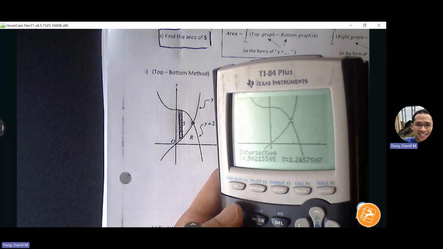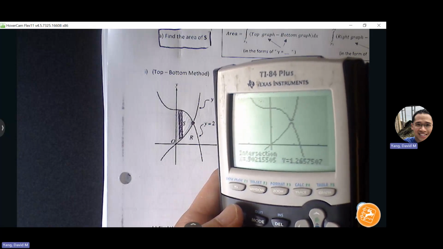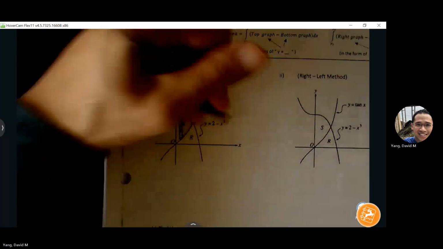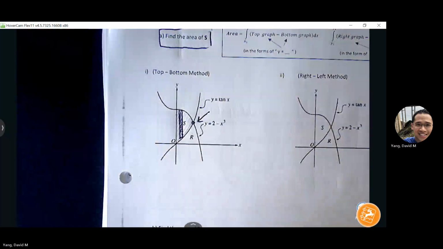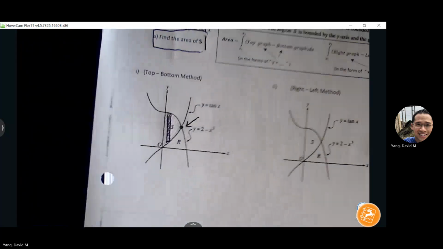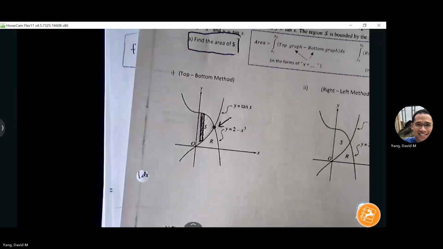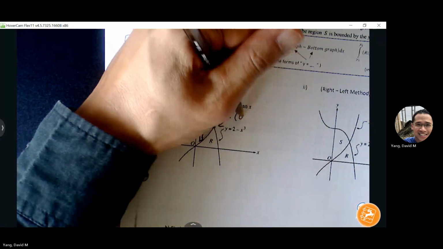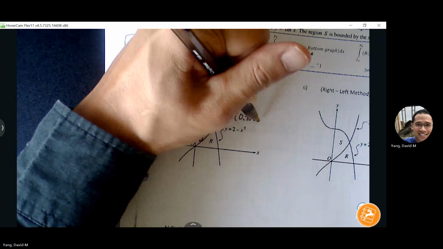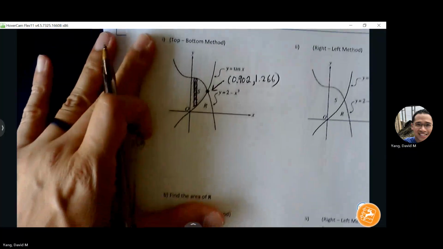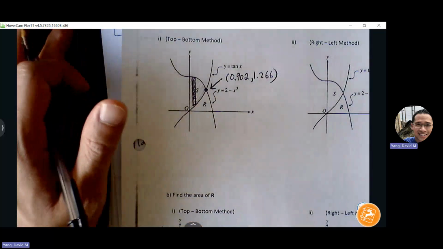That will be helpful when we get to part B. Three decimal places. Yeah, 3 decimal places is a good start.